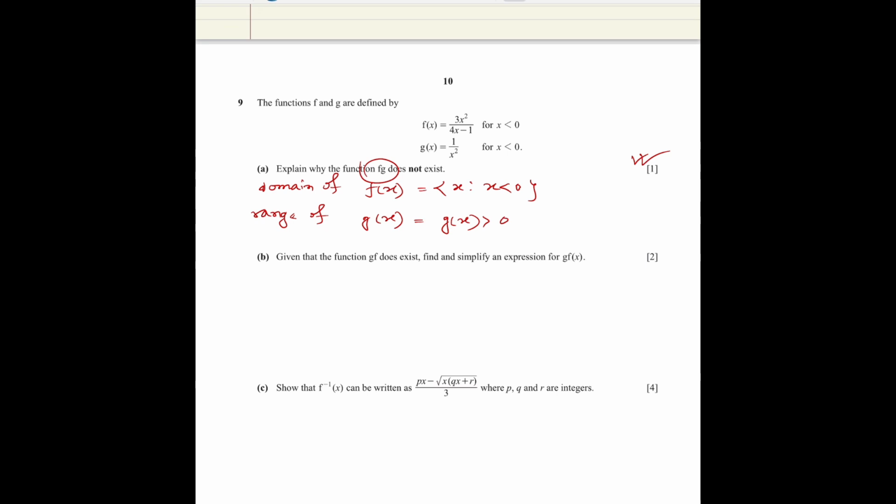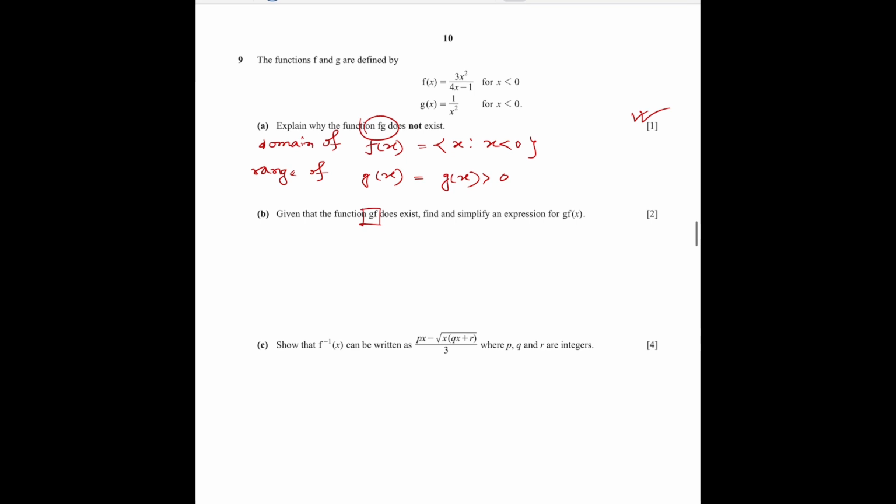Okay, so it's given that g of f exists, so we have to find g of f of x. So now we have to put the value of f of x in g of x. So g of x is 1 on x squared, so we have to place the value of f of x in the place of x in g of x.